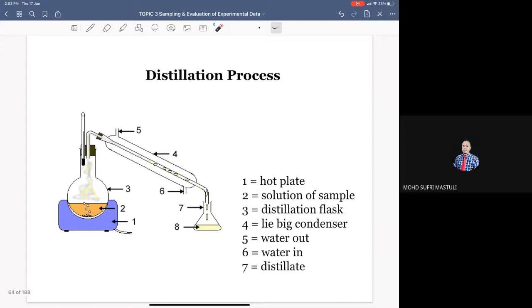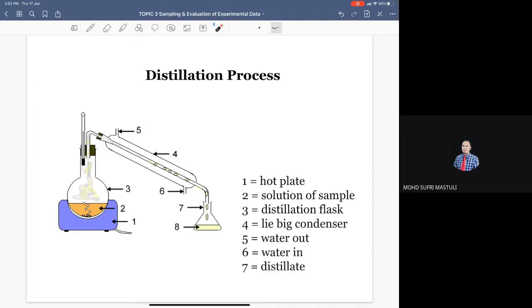Okay, this is the distillation apparatus. During the distillation, we have a hot plate, and the solution of sample in the round bottom flask, and then we connect it with the condenser unit. Okay, this is all the condenser unit.